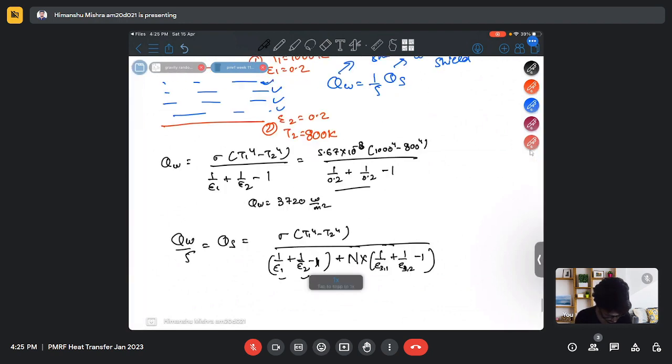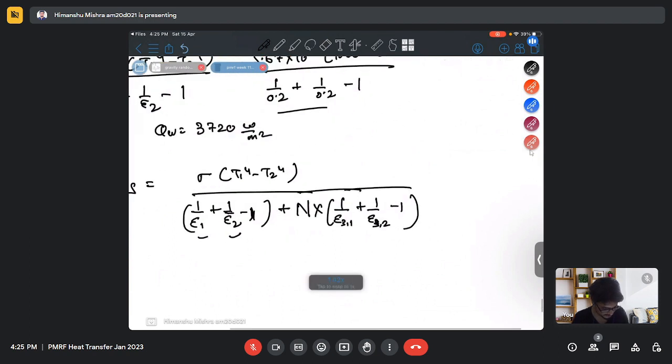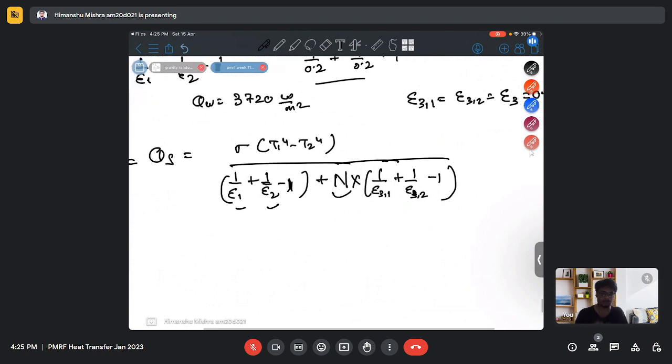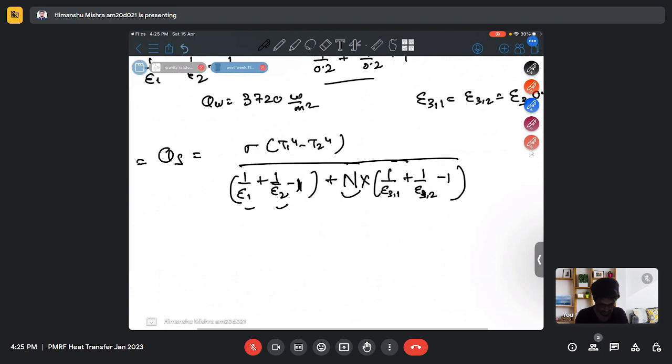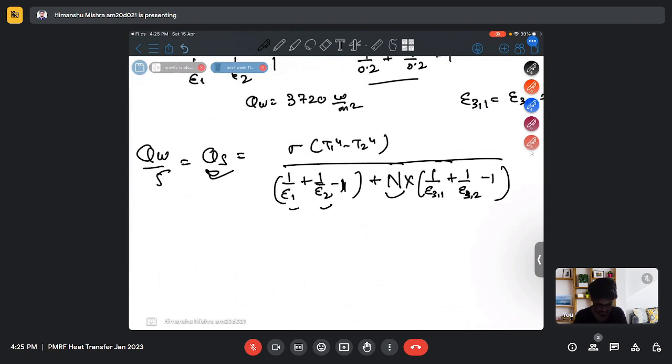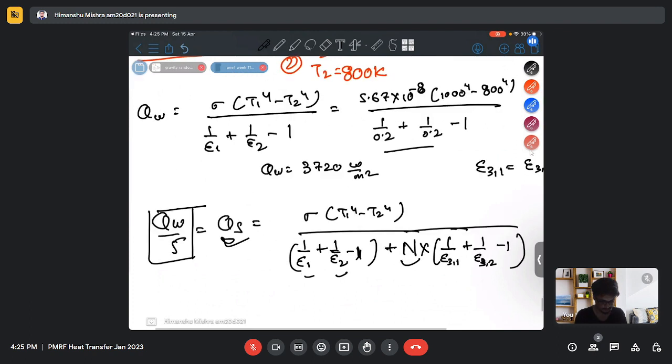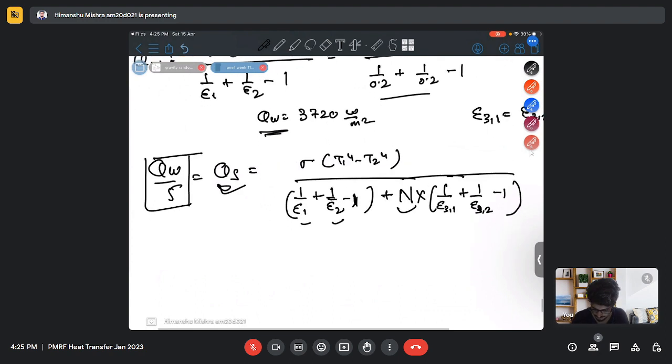Now my emissivity of 3 and 3 is equal, let's say E3, which is 0.15, and I need to calculate the total number of shields here. So I already know this QS, which is QW by 5, which is the heat transfer without shield divided by 5.